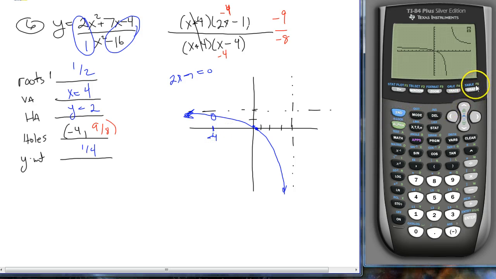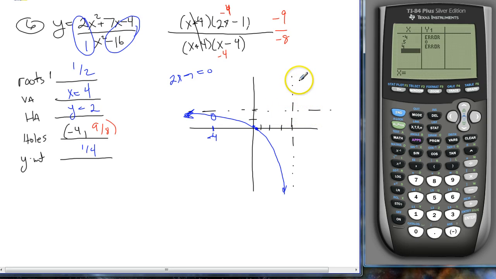If I go to my table, I go to -4, it should say error. So let's type in -4, enter, error. Doesn't work. If I type in 1/2 or 0.5, we should get 0 because that's a root. If I type in 4, you should get error because that's the asymptote. So that all makes sense.